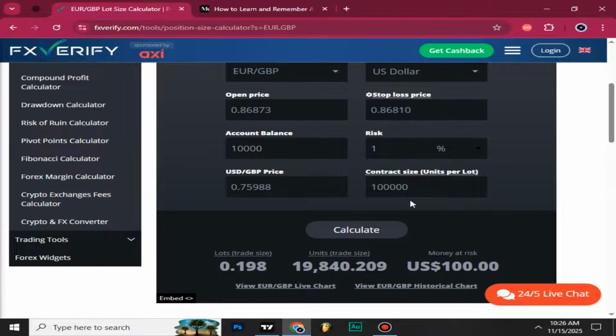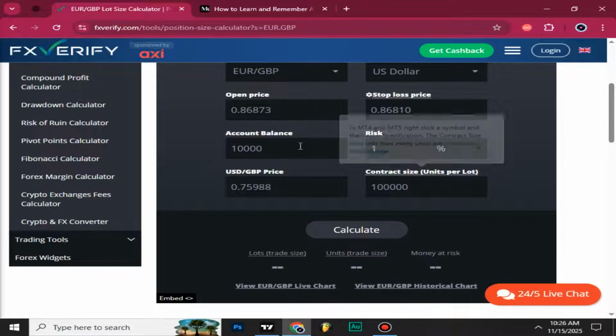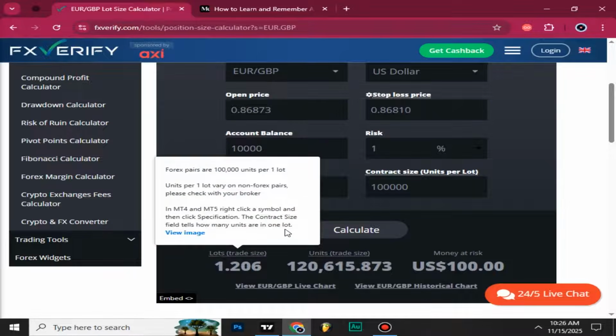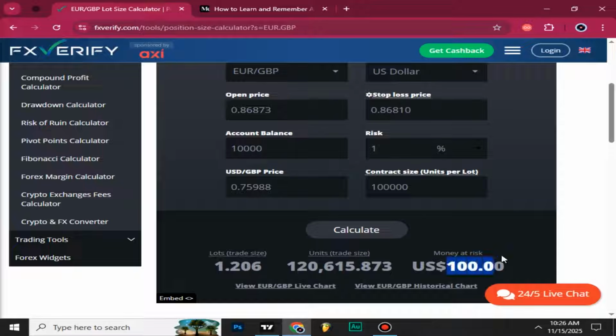Now remember, same position, same trade, we should be risking only 100, right? So now let's see what we did. Now this time we are using 1.2 lot, but remember our risk is still 100.